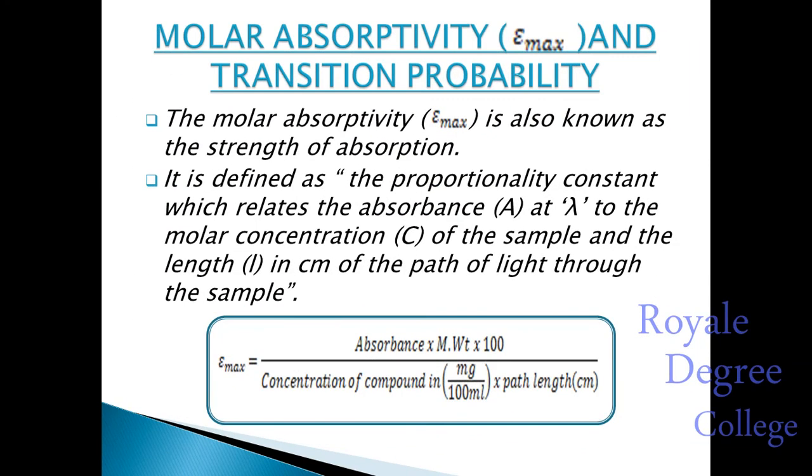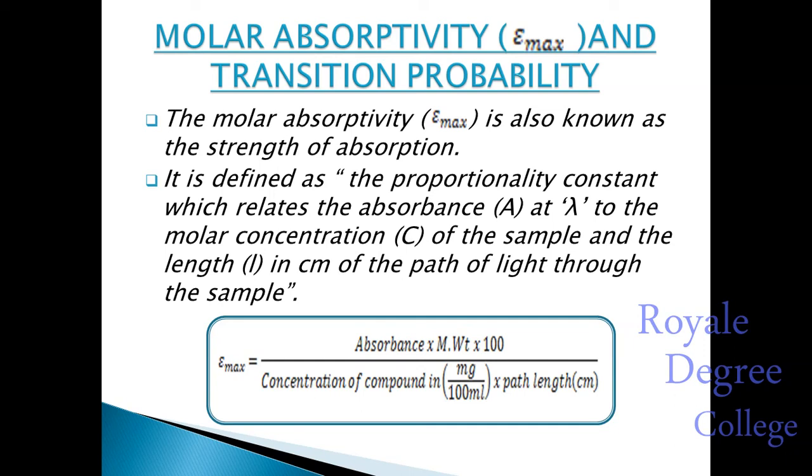Next is molar absorptivity, indicated with epsilon max, and transition probability. What is this? The molar absorptivity is also known as the strength of absorption. It is defined as the proportionality constant which relates the absorbance A at lambda to the molar concentration C of the sample and the length L in centimeters of the path of light through the sample.